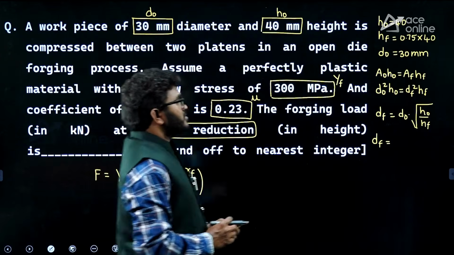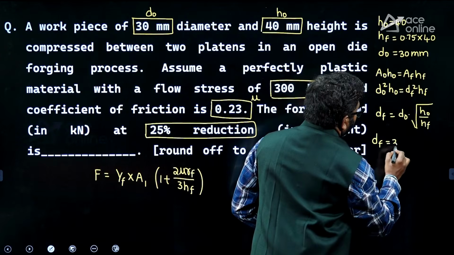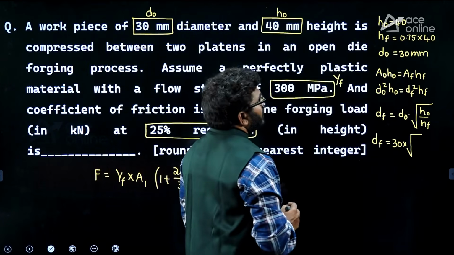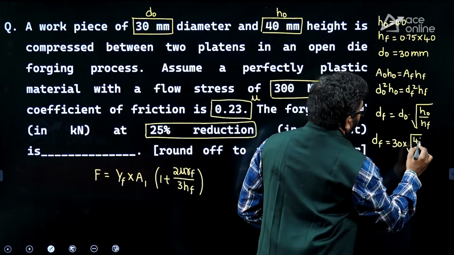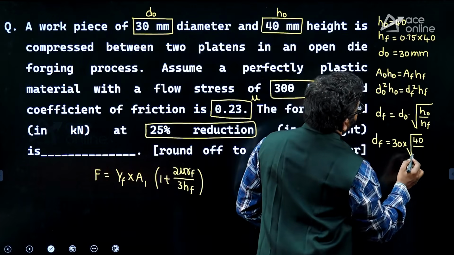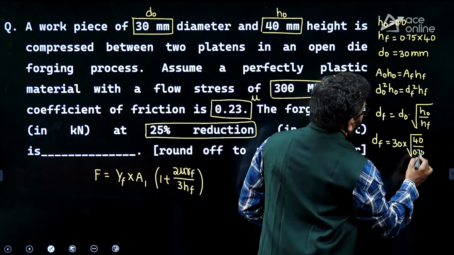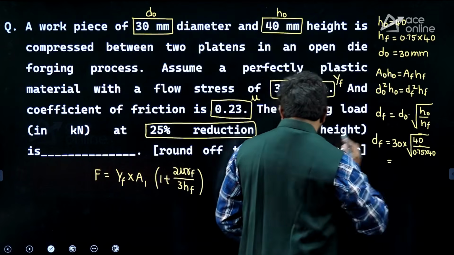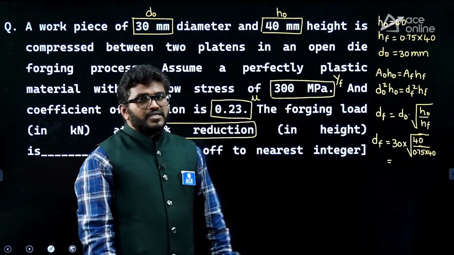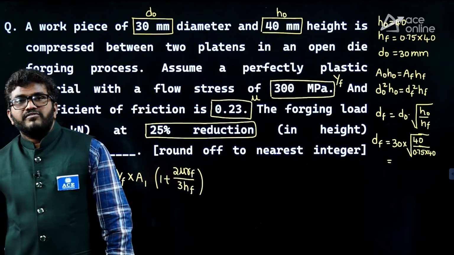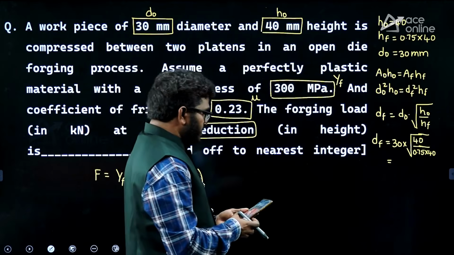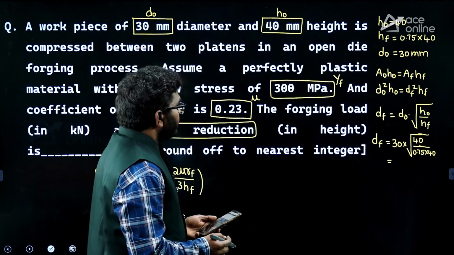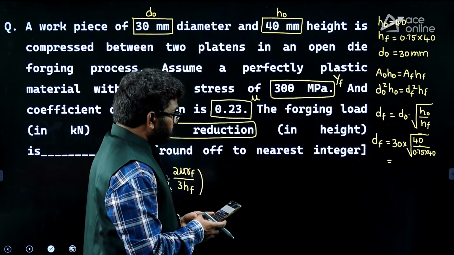D naught is 30 into under root of H naught, 40, by H_F, 0.75 into 40. What is the answer? Take the GATE calculator and solve it. Tell me first, what is the diameter?